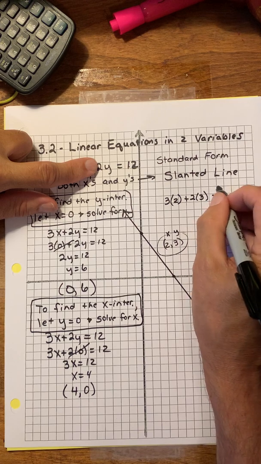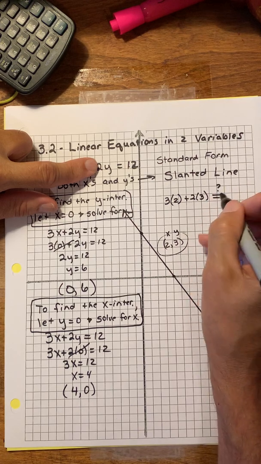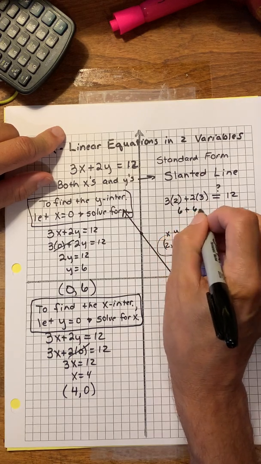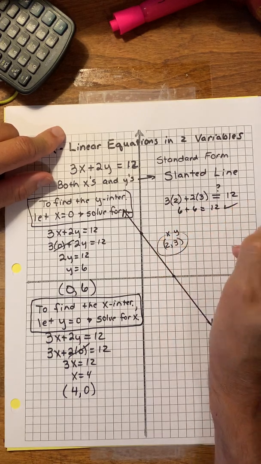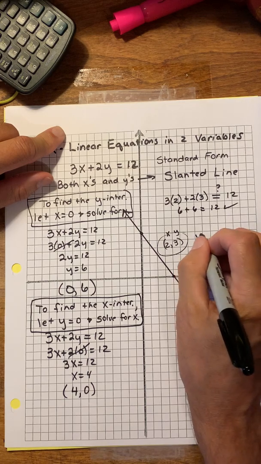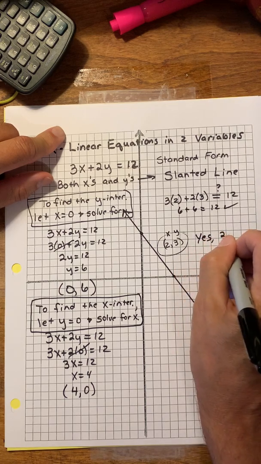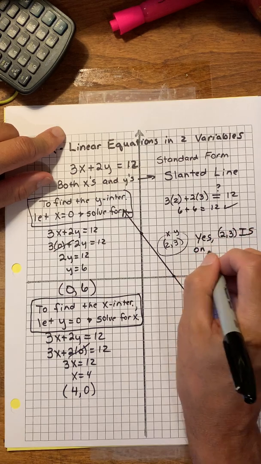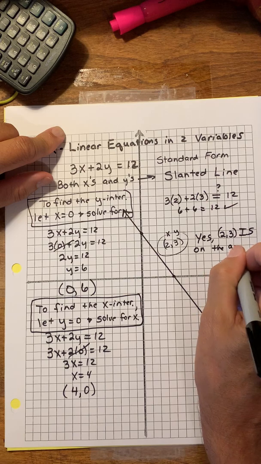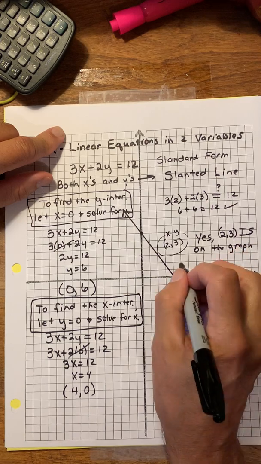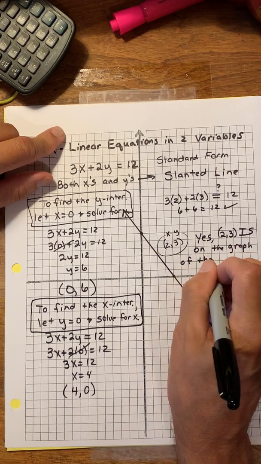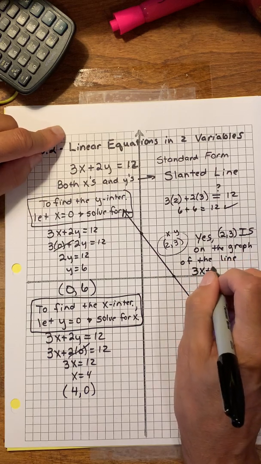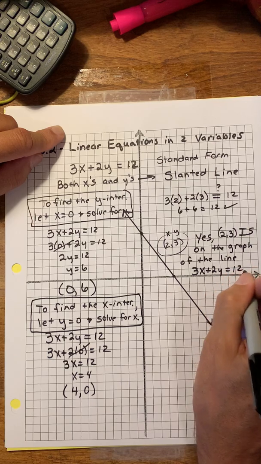I'm wondering, and I'm going to put a question mark because I don't know, if that equals 12. Let's find out. Oh my goodness, 6 plus 6 equals 12. True statement? Yes. (2, 3) is on the graph of the line 3x plus 2y equals 12.